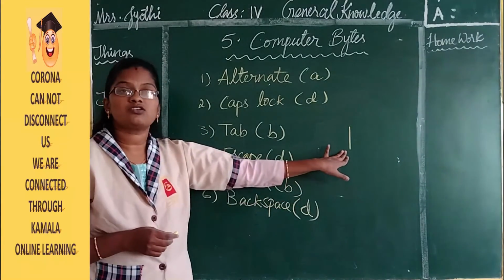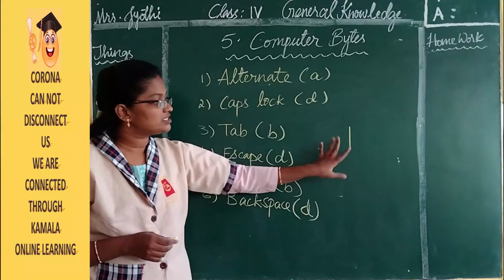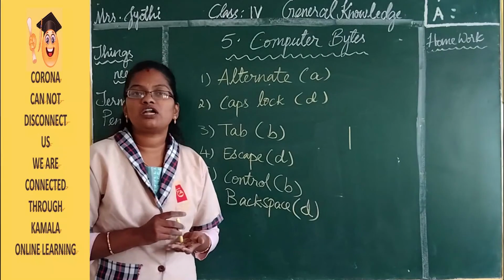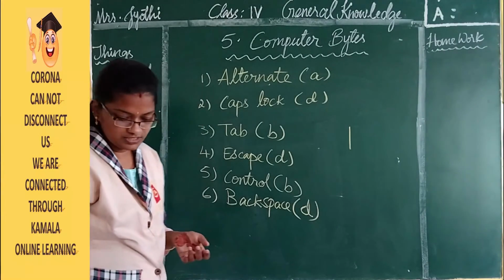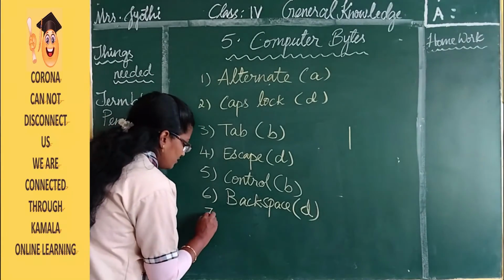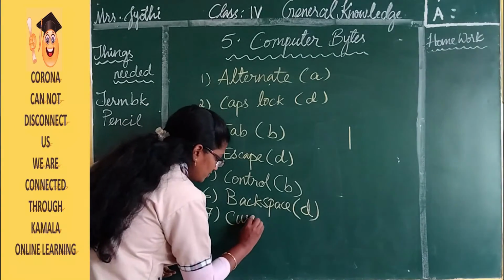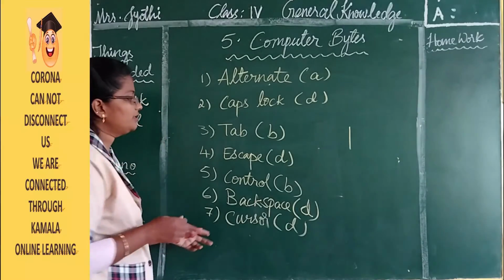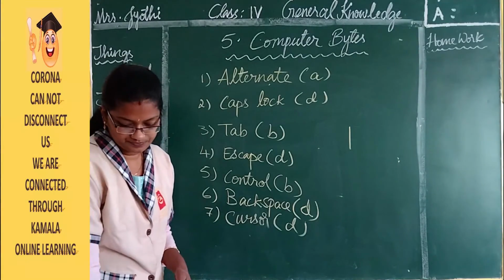What is this line called? That line is called the cursor. So it is option D. Seventh one is cursor. Tick near option D.